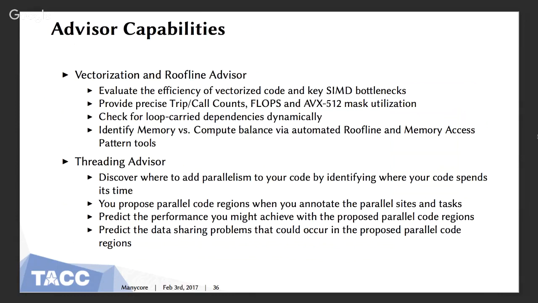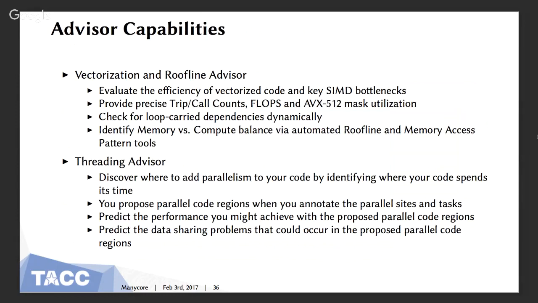So basically, it has two different aspects to it: a vectorization advisor and a threading advisor. It can evaluate the efficiency of your vectorized code and help point out vectorization bottlenecks. It can provide incredibly precise trip counts, which is the number of times that loops get executed.